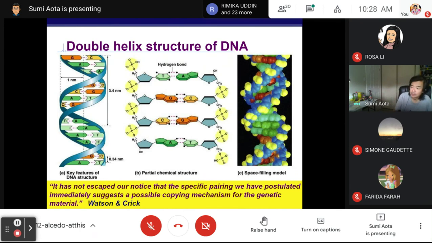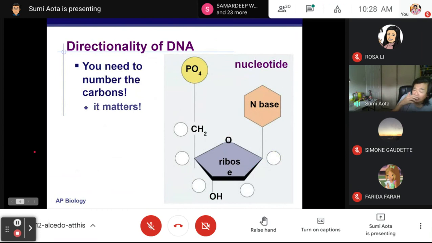Now, the question then becomes, how does DNA actually replicate itself? Well, a couple of things we have to talk about first before we talk about DNA replication is the fact that DNA has directionality.